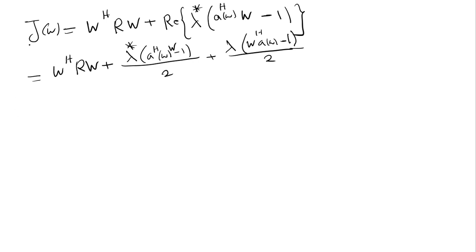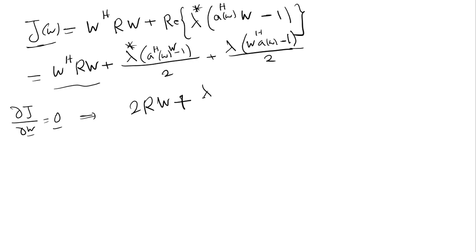Now we can take derivative of J with respect to W. We compute gradient vector, and this must be 0. We have 2 R W plus lambda over 2 A(omega) plus lambda over 2 A(omega).